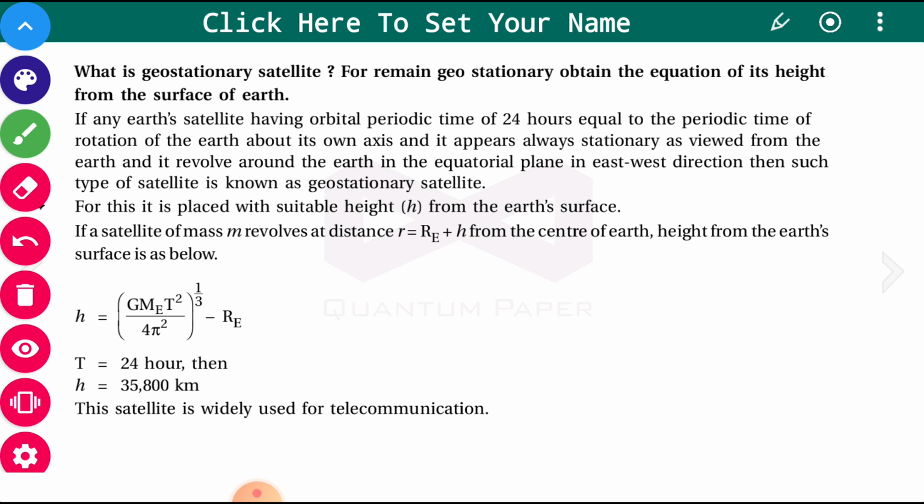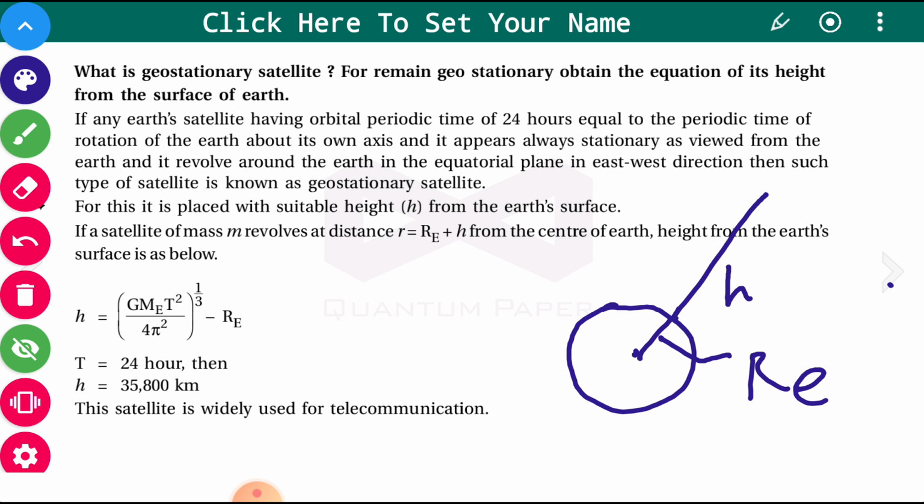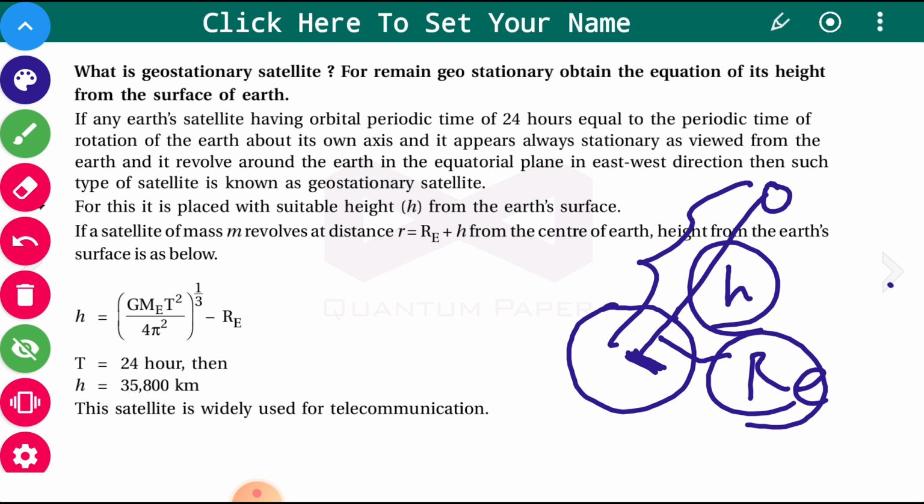For this it is placed at a suitable height, say h from the surface of the Earth. The satellite is kept at a certain height h, and the radius of the Earth is RE. So the total distance of this satellite from the center of the Earth will be RE plus h, as I explained earlier.